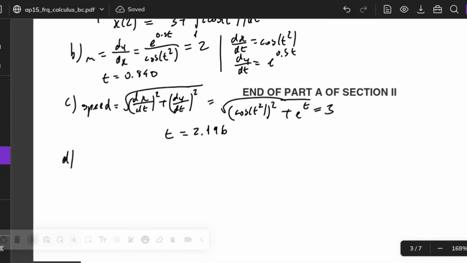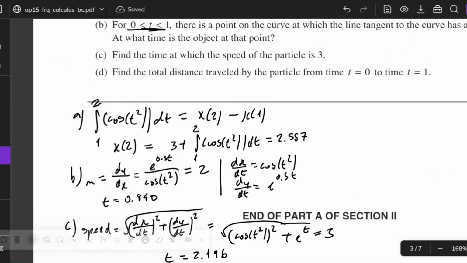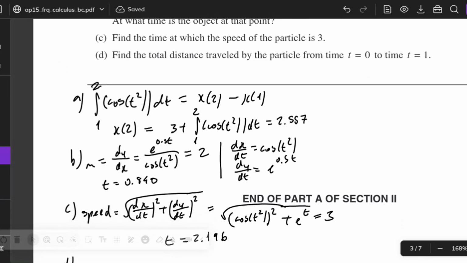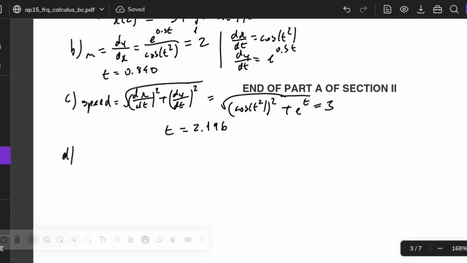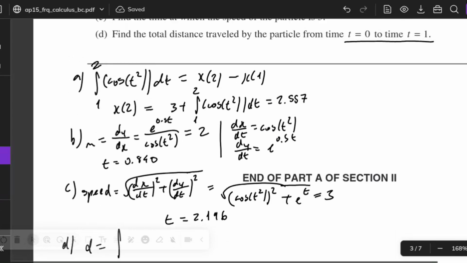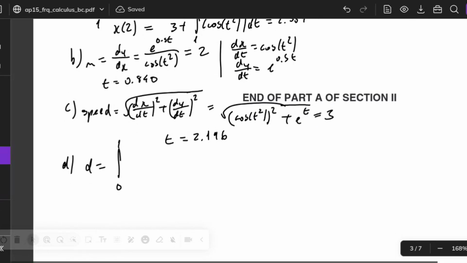And then moving on to the last question, we're being asked to find the total distance traveled by the particle from time t equals 0 to time t equals 1. For this one, there's also another equation. Recall that we want to be taking the integral from 0 to 1 of the speed equation, because we know that speed is just the derivative of distance.